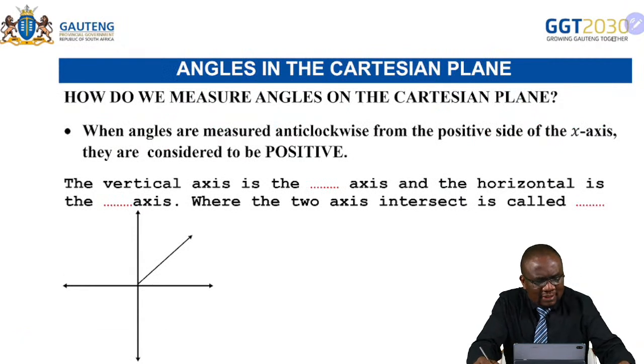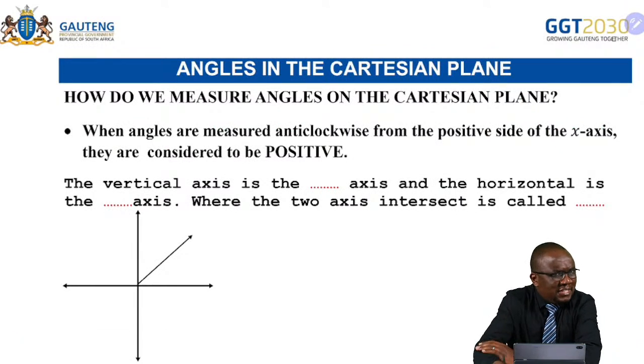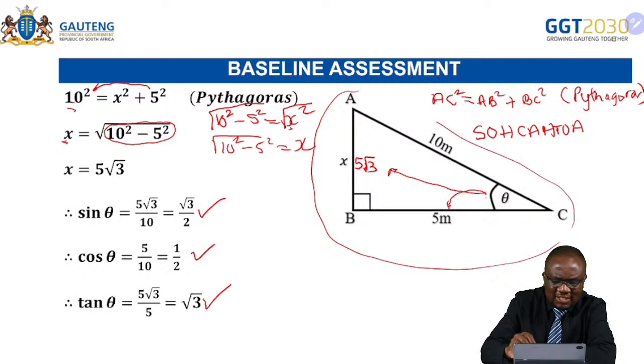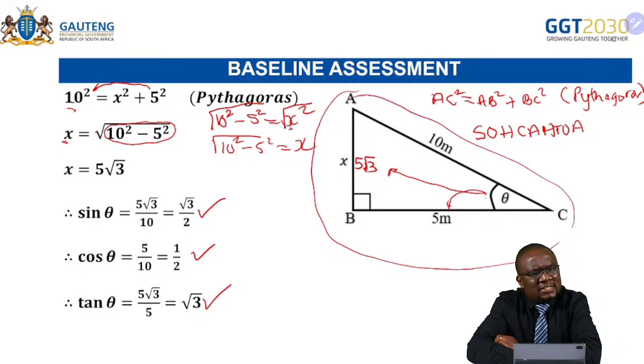Now, how do we measure angles in the Cartesian plane? We've been dealing with angles in a right angle triangle, but what about angles in the Cartesian plane?